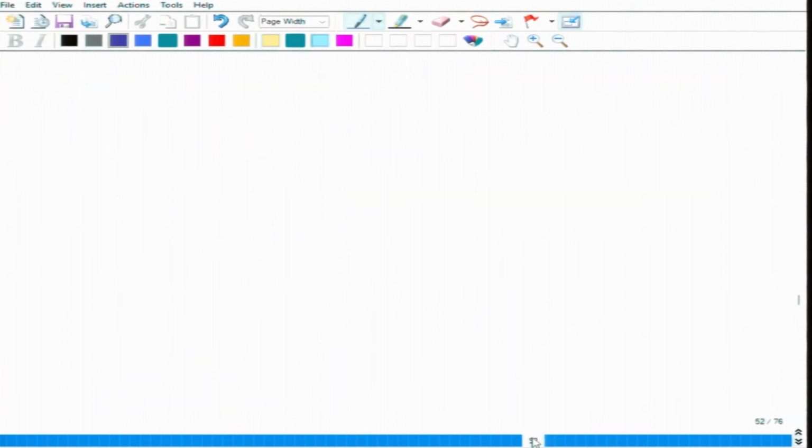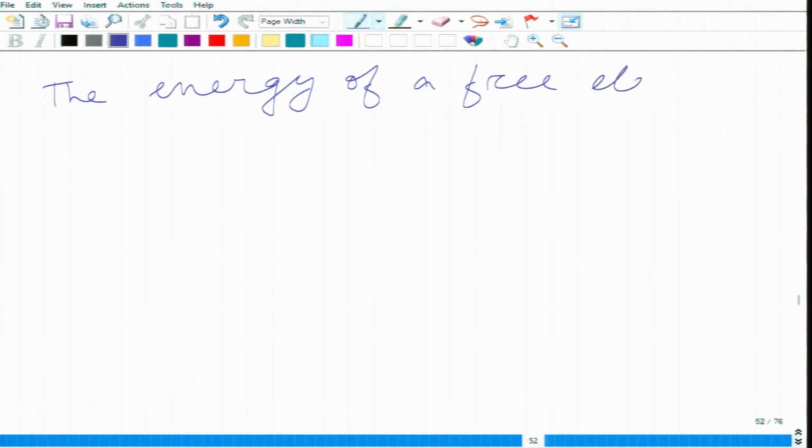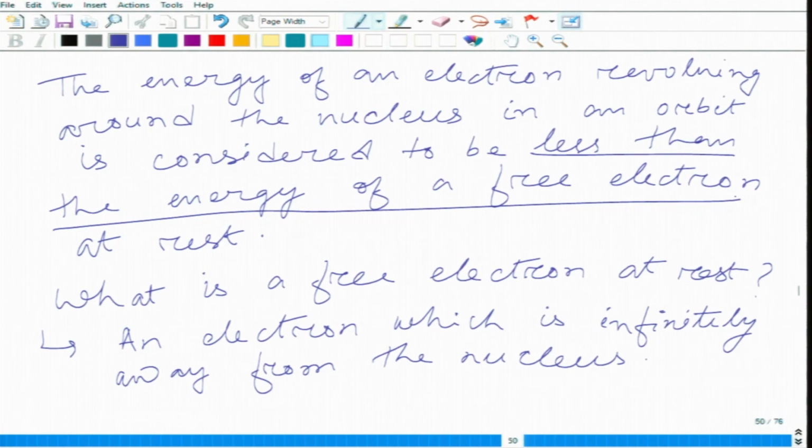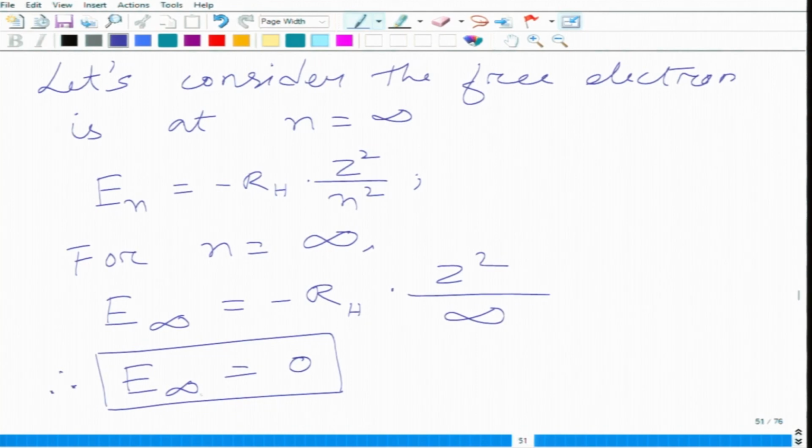Therefore, the energy of a free electron at rest is 0. Okay. So, what we have seen is that the energy of an electron revolving around the nucleus in an orbit is considered to be less than the energy of a free electron at rest. So, any energy term will be less than this.